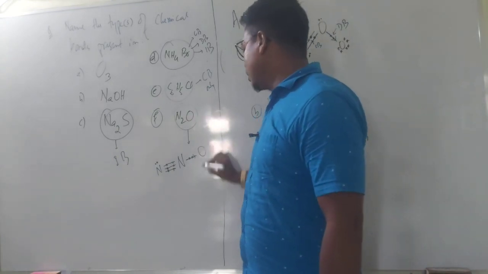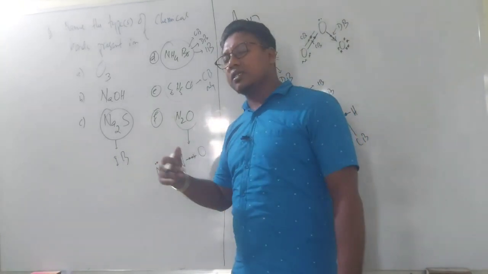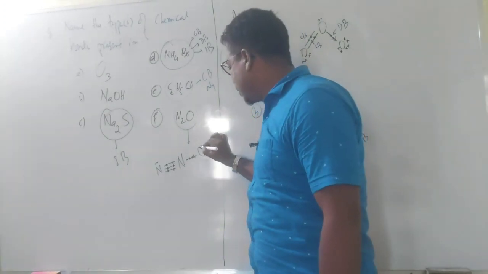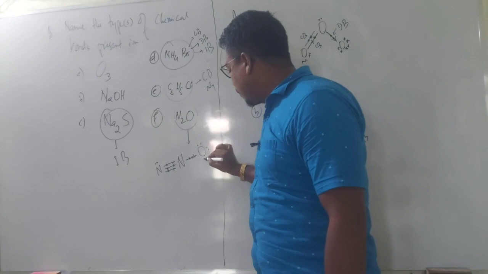This will be a dative bond, and the 6 valence electrons of the oxygen atom are not used here, right? So 1 2 3 4 5 6.